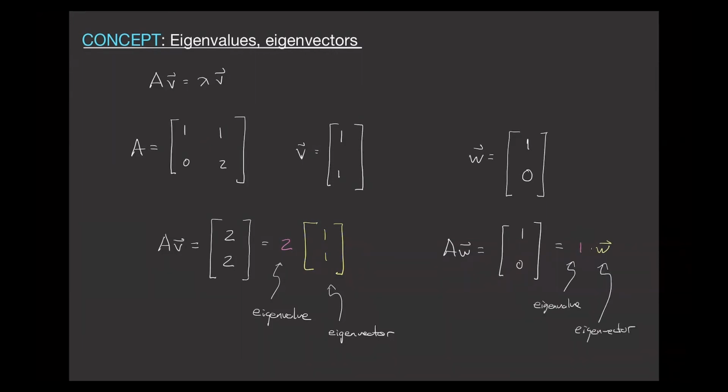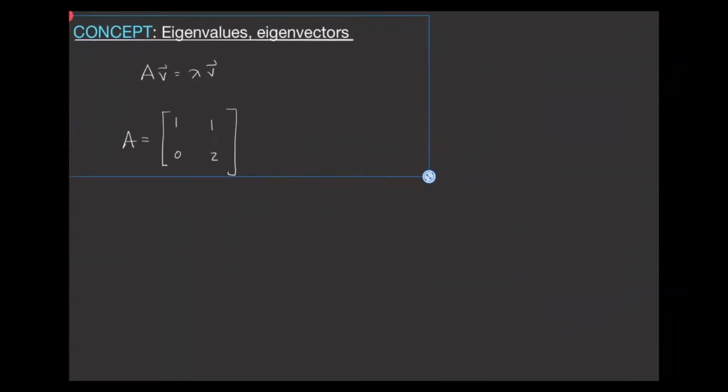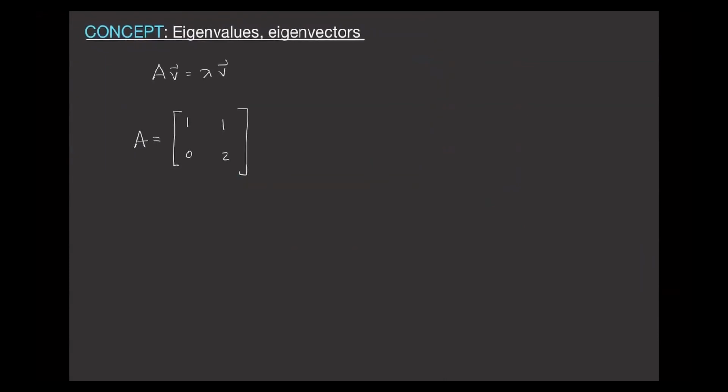If I take the same example, now I'm going to show something that's not an eigenvalue or eigenvector, just to compare. Let's look at U, and let this be 3, 1, for instance.